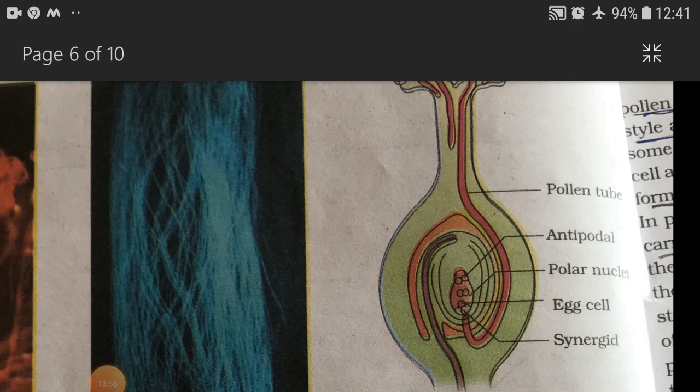The pollen tube, after reaching the ovary, will enter the ovule through the micropyle and then enter one of the synergids through the filiform apparatus. This filiform apparatus is present at the micropylar part of the synergids. It guides the entry of the pollen tube.